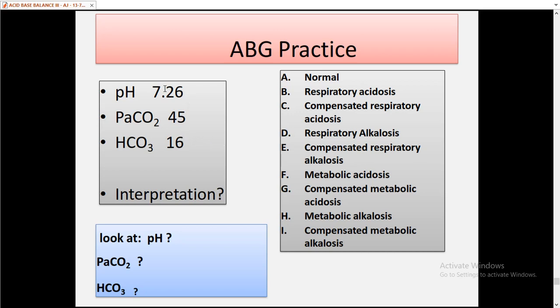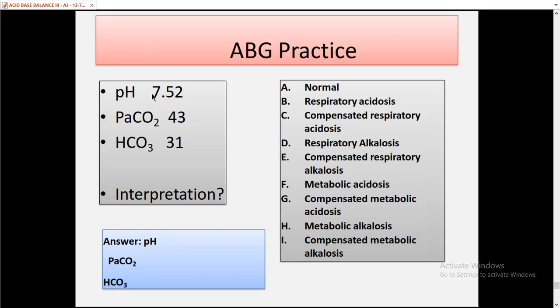So in this case, the pH is decreased as well as bicarbonate is decreased, while the PaCO2 is normal, meaning that this is a case of metabolic acidosis and the compensation has not yet started because the PaCO2 is within its normal level.